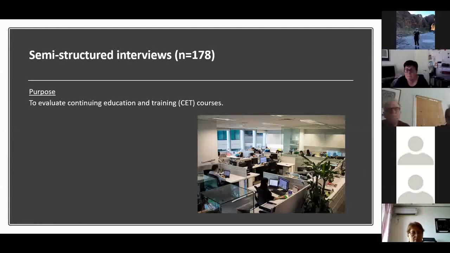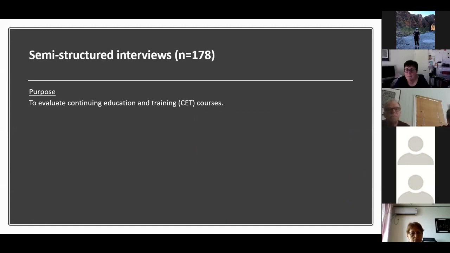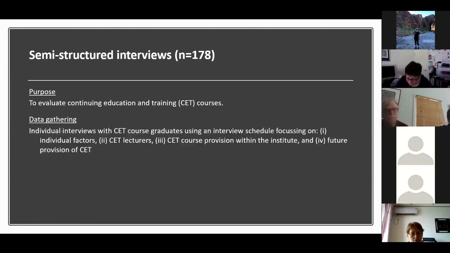The purpose is to evaluate whether these courses work. The data gathering involved using an interview schedule that focuses on individual factors for attending those courses, their experiences and perceptions with the course lecturer, the course provision within the institutes, and also their opinions about future provision of these continuing education and training courses.